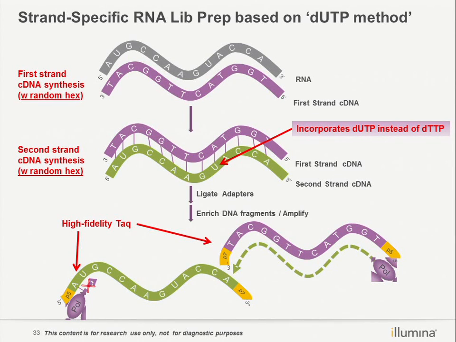This polymerase cannot pass through a strand which incorporates dU. So in this way, the second strand cDNA will not be amplified. Only the first strand will be amplified. Because the sequence relative to the P5 and the P7 adapter is confirmed, the strand-specific information will be retained in our libraries. So the method based on dUTP is the widely accepted method to prepare the strand-specific RNA library.